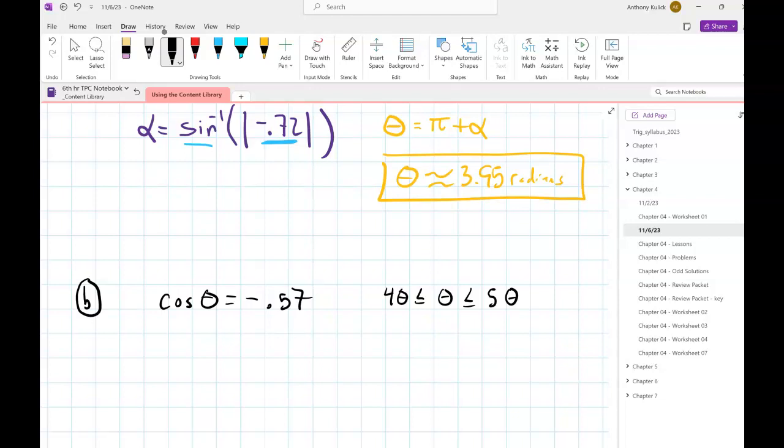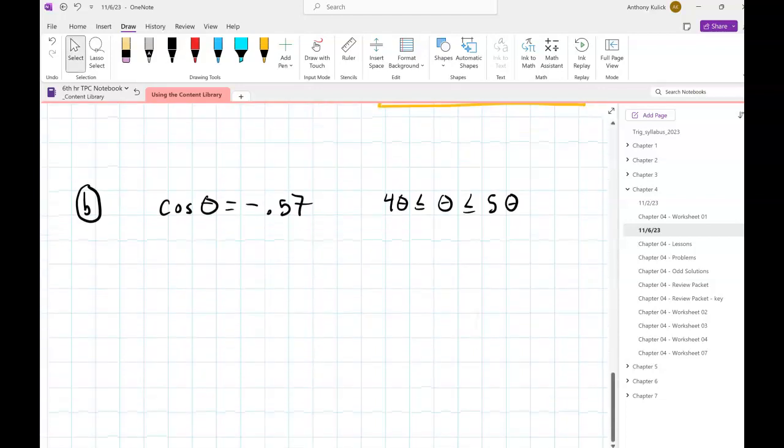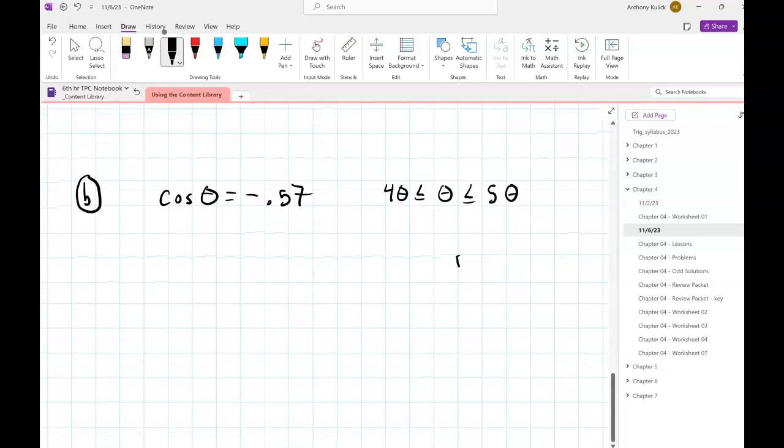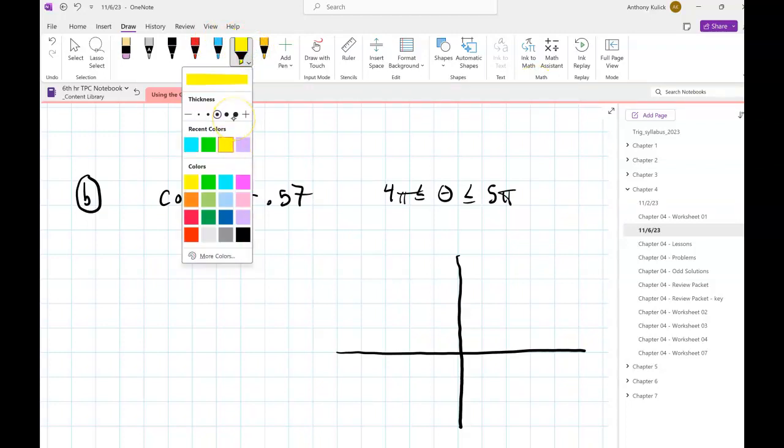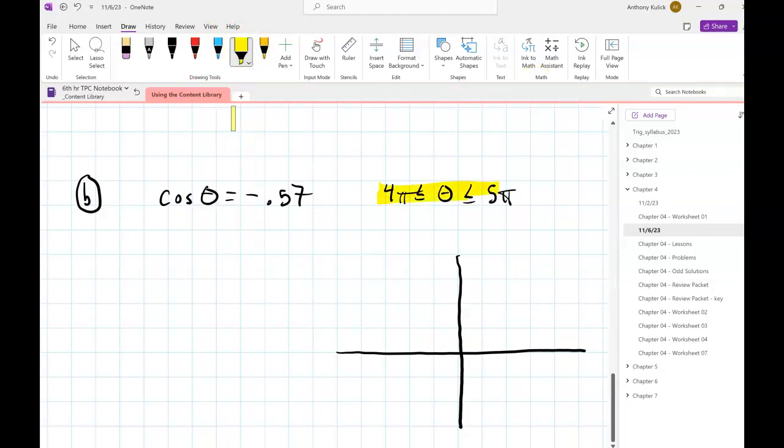Okay. So let's say we have cosine theta equals negative 0.57, and our theta needs to be between 4 pi and 5 pi. So let's start by drawing our picture. So 4 pi to 5 pi.